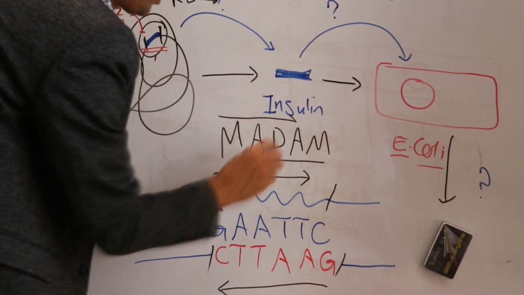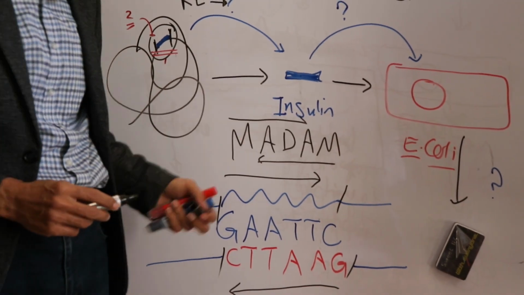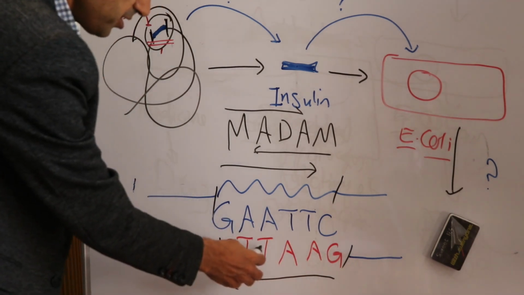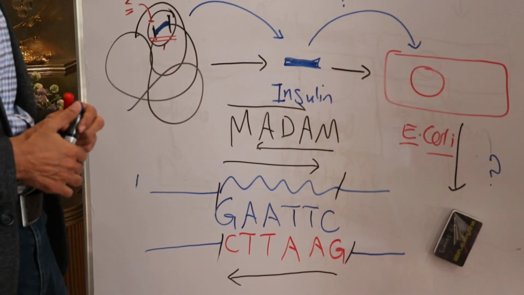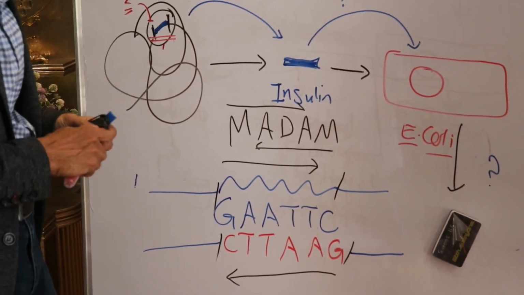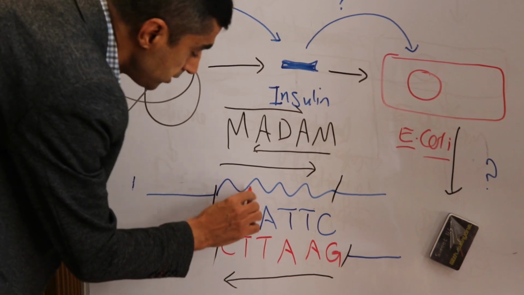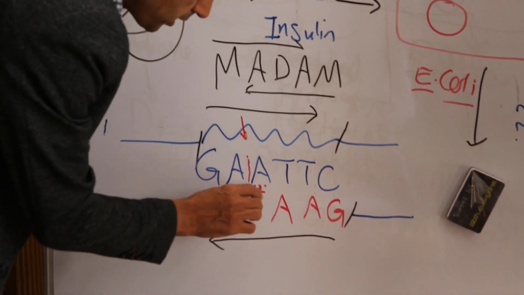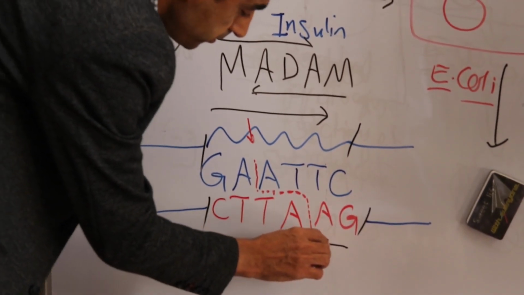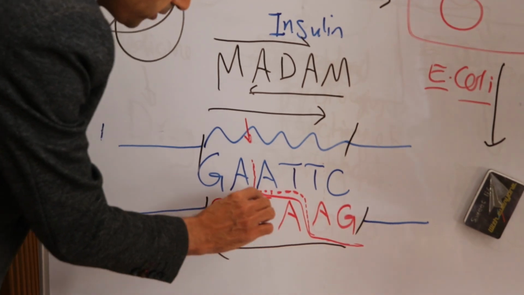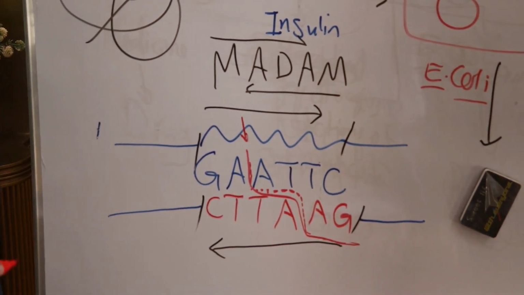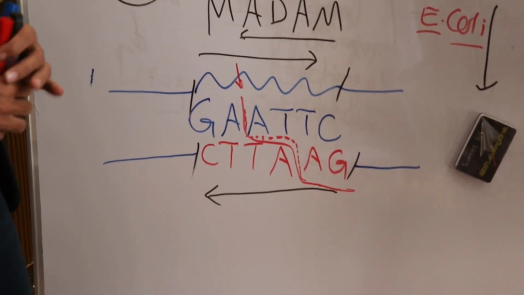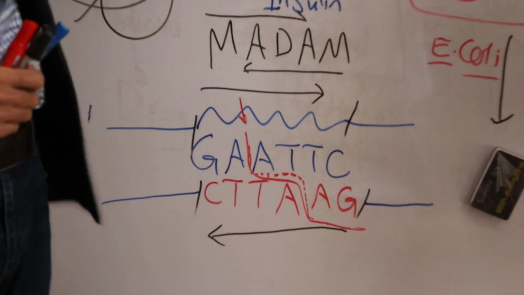If you read it from this side also, you can read madam. GAATTC. So the restriction endonuclease enzyme cuts at the first two nucleotides, then it moves to here. Look how it works. This is called a palindromic sequence and can be recognized easily by the endonuclease enzyme.